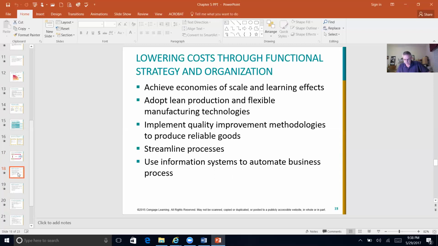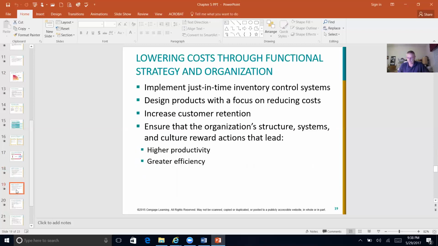Number 4, streamlining the process using Six Sigma or lean improvement techniques to take out the undesirable or unnecessary steps. Number 5, using information technology, leveraging innovation and technology to your competitive advantage in the world in which we operate.